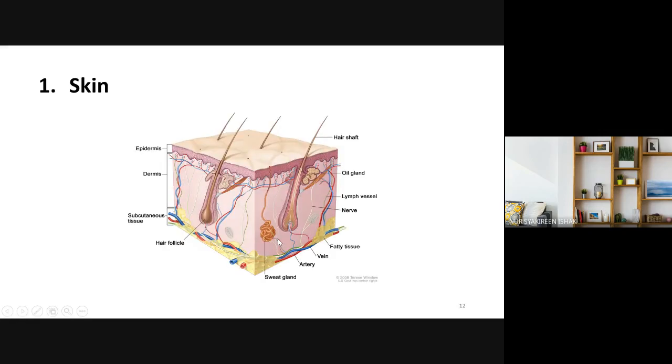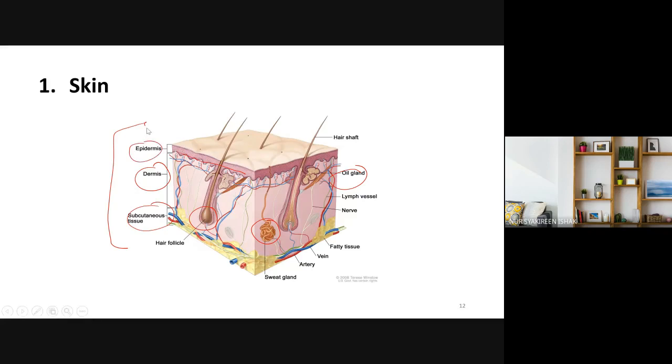Okay, so this is the anatomy of the skin. So it has the three layers: the epidermis, the outer layer here, the dermis where you have the sweat gland, okay, the hair follicle, and also the oil gland here. Okay, and then you have the subcutaneous tissues. All right.